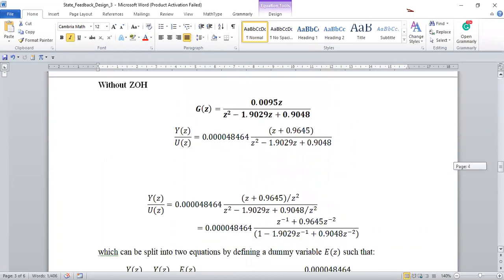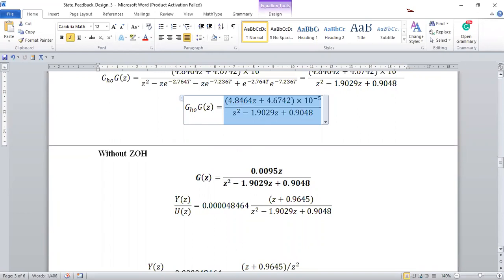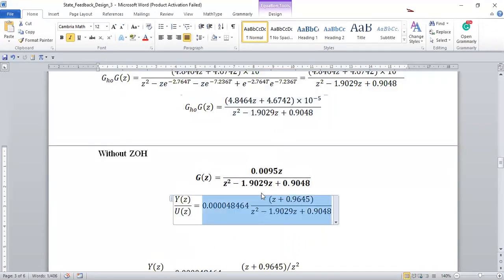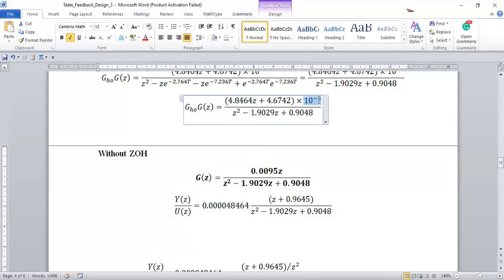Now we want to convert. This particular transfer function is the same thing as this. So here there is 10 to the minus 5, but when you include the 10 to the minus 5, it's actually the same thing as this.